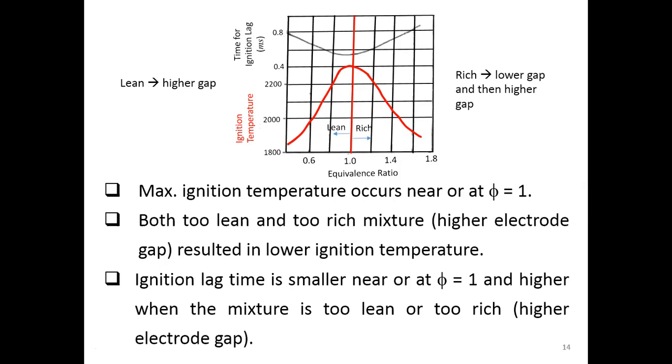And if your ignition temperature is not that high, it is going to be difficult for your combustion to happen. Because during the ignition lag state, if you remember, we have to heat up the fuel until the temperature reaches the level at which the combustion can be self-sustained.